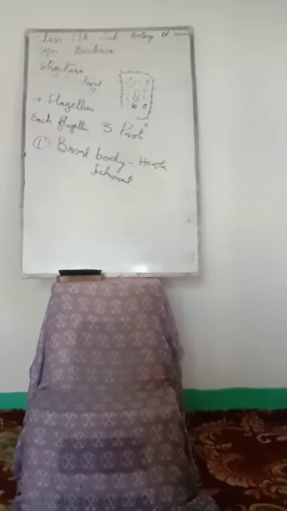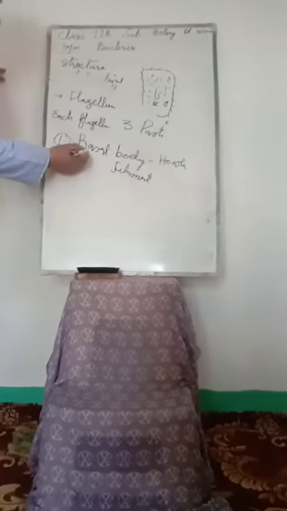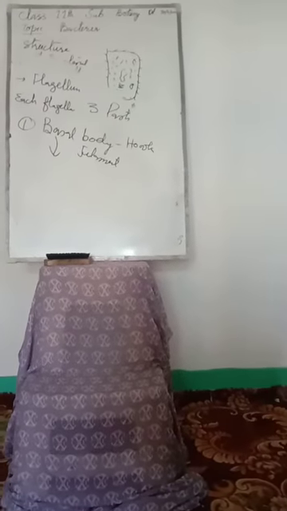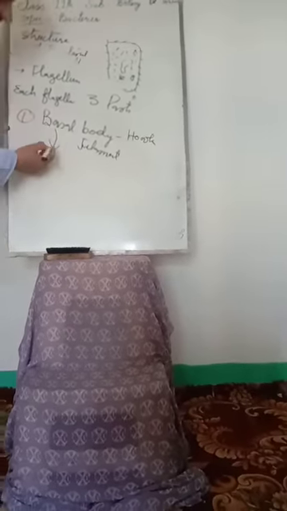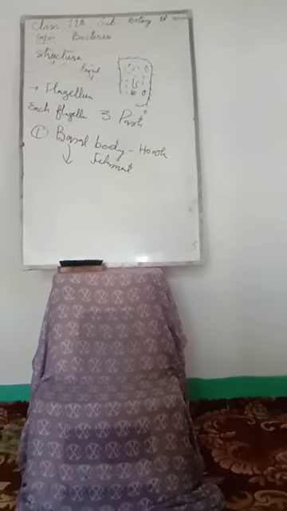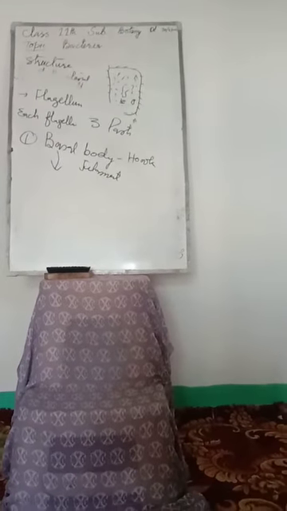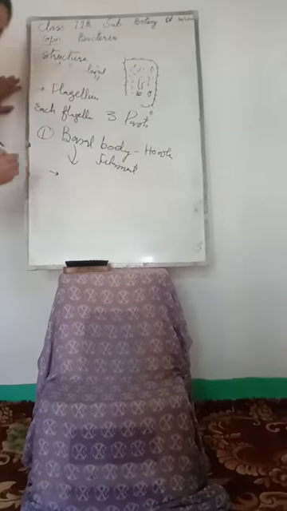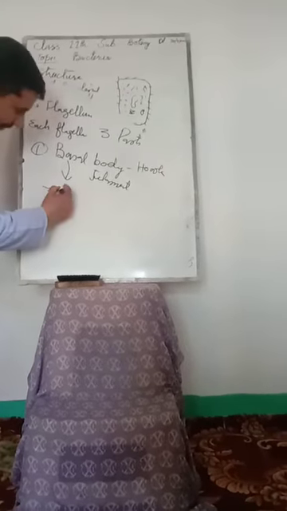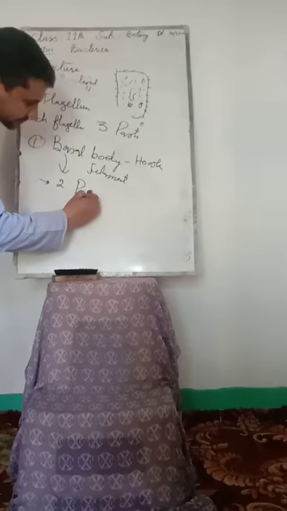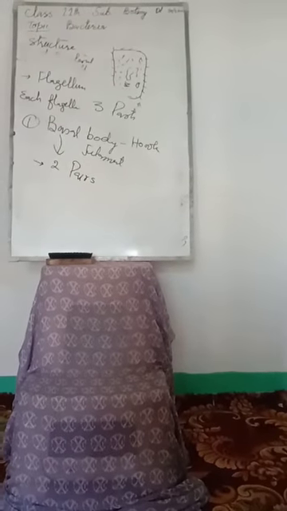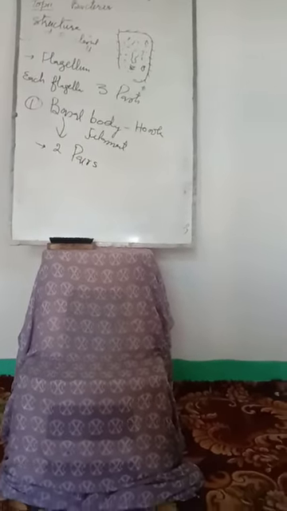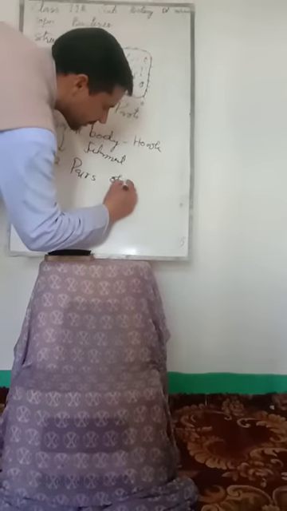Basal body lies in the cell wall as well as the plasma membrane of the bacterial cell. It's composed of two pairs of rings.